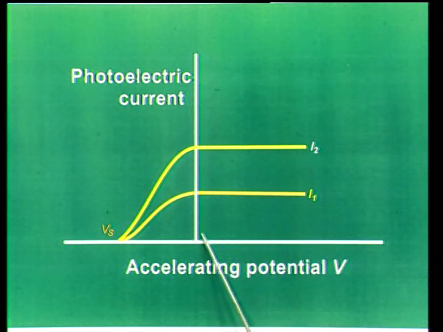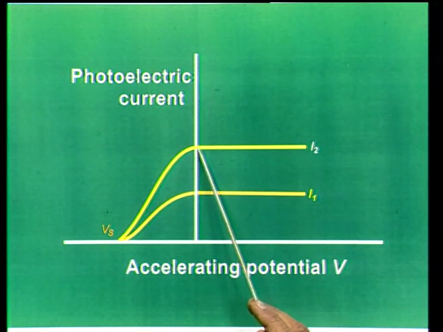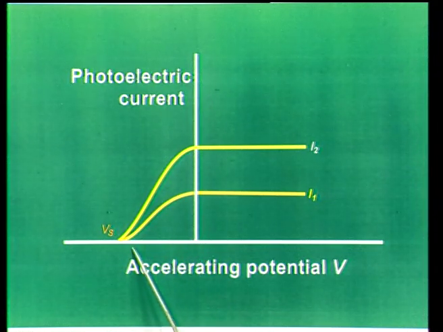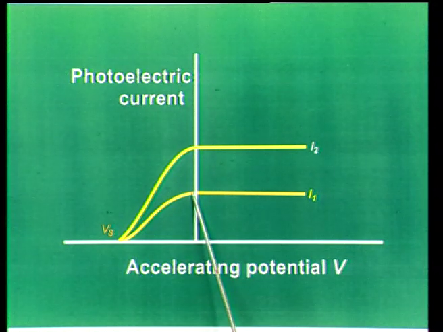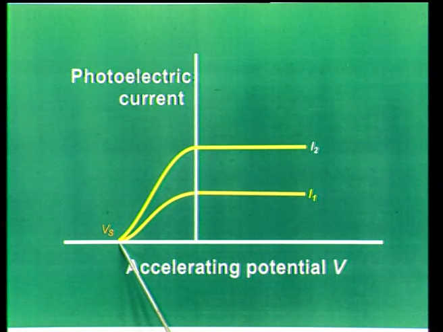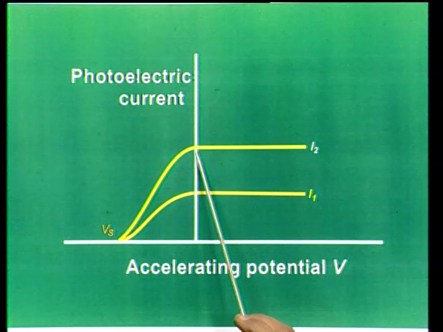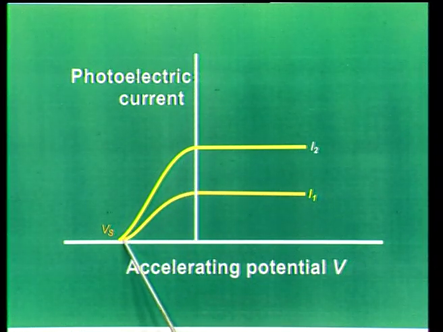Once we go to 0, we observe the fall of the current when we make the accelerating potential negative. That means we reverse the accelerating potential, and consequently the current reading comes down to 0 at a particular potential called the stopping potential. Similarly, the bulb of higher intensity also comes down to the same 0.